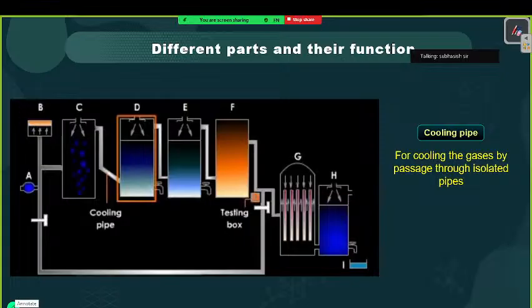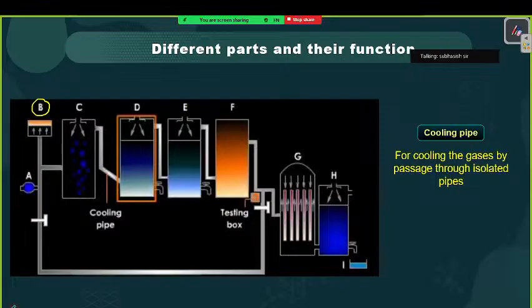Now here you see that when the sulfur or iron pyrites reacts with air, the gas is formed at an elevated temperature. Gas is having quite high temperature, like 200 to 300 degrees Celsius.